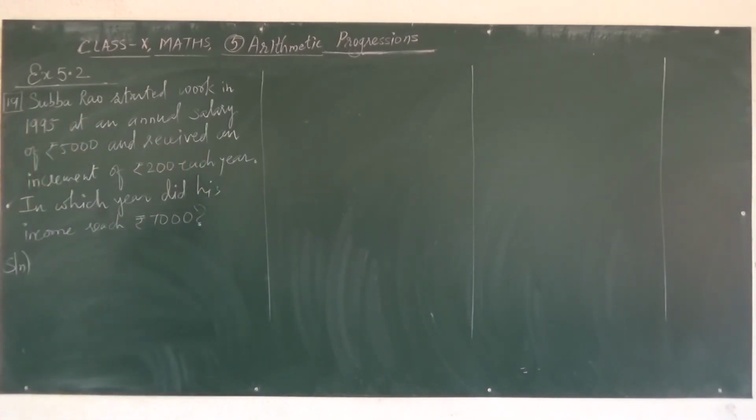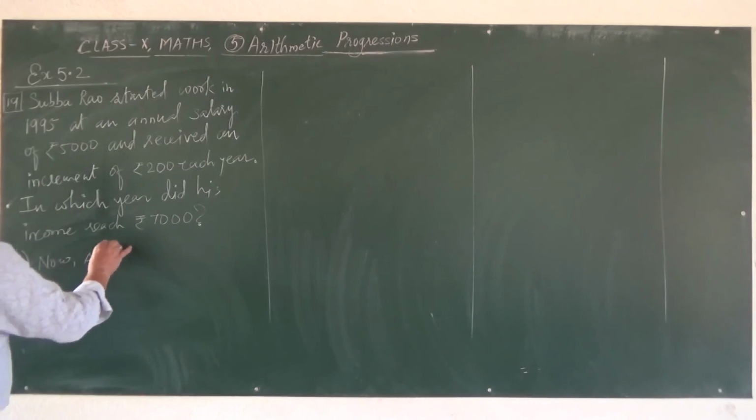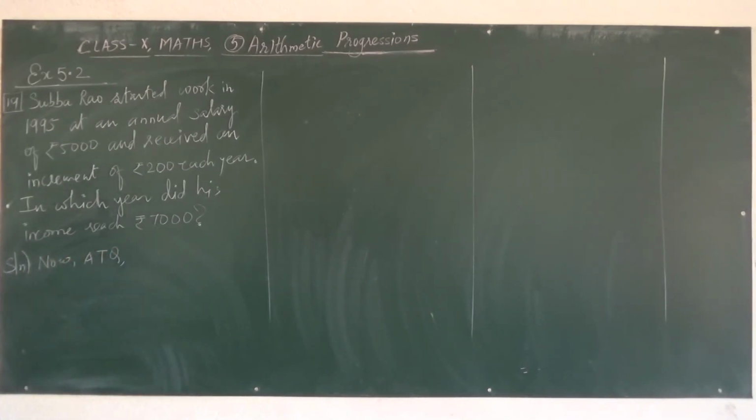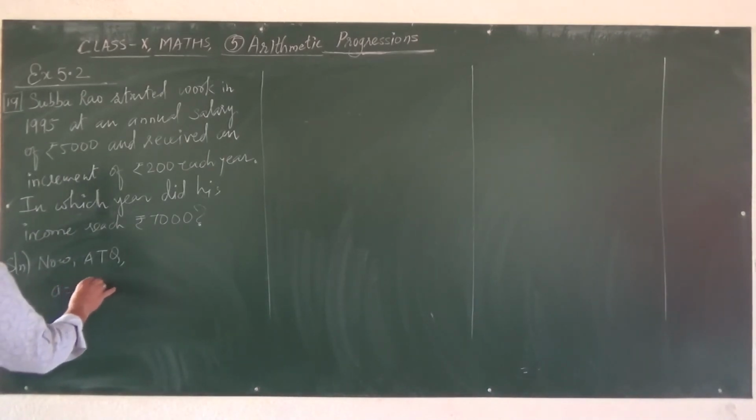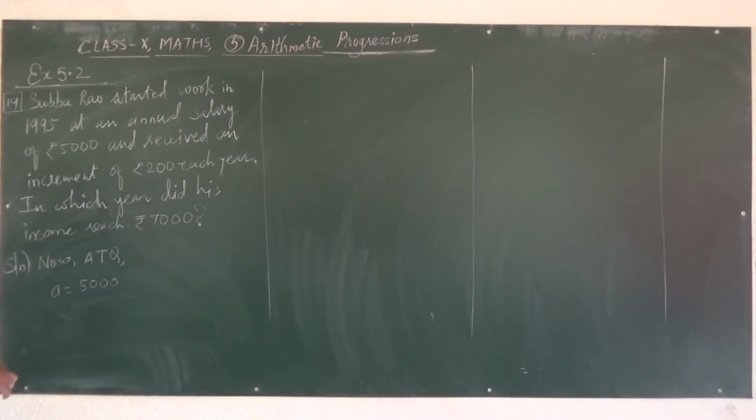So from this data, according to the question, what is the starting salary? Rupees 5,000, so a is 5,000. What is his annual increment per year? Rupees 200, so d is rupees 200.